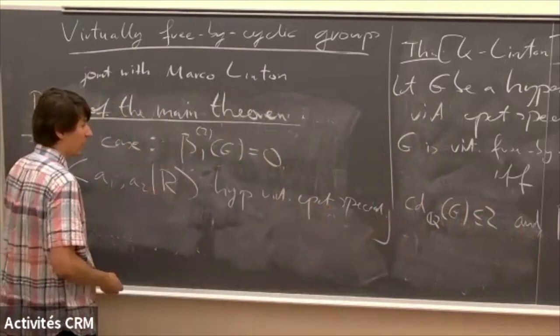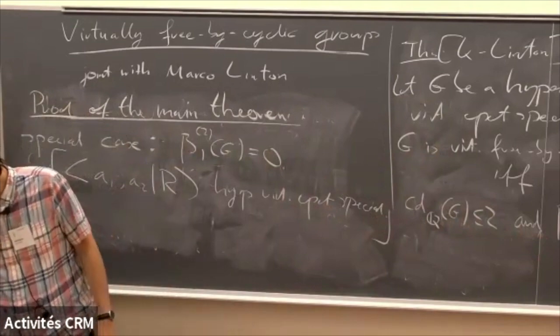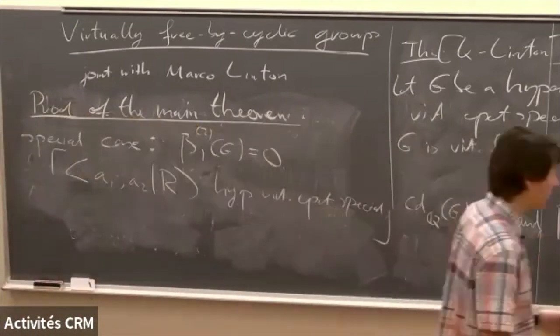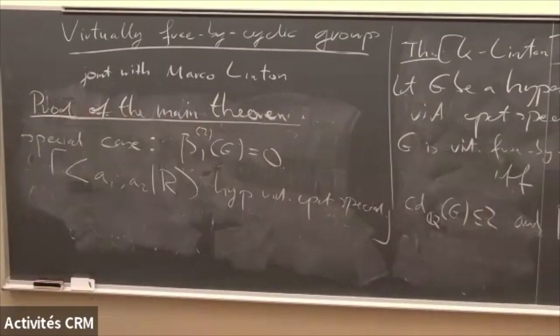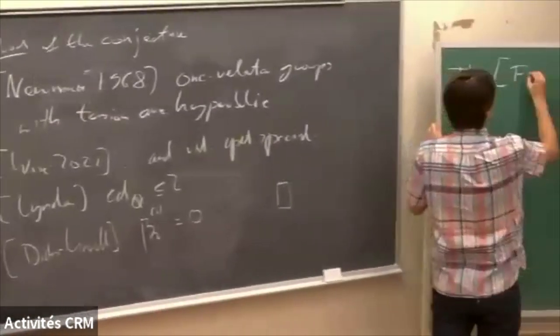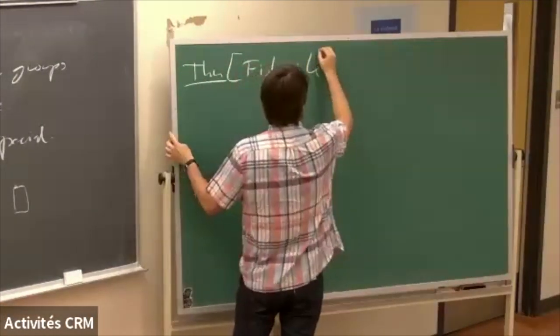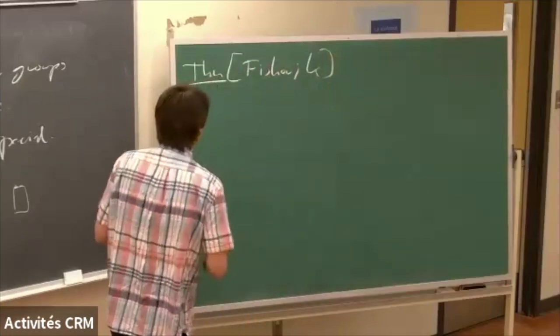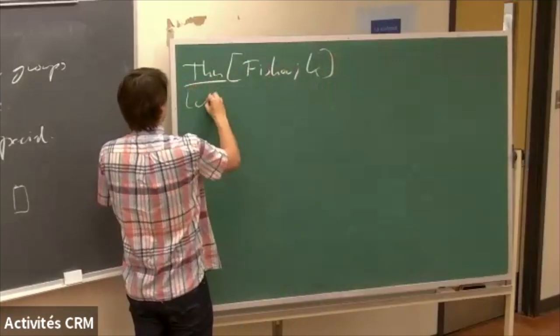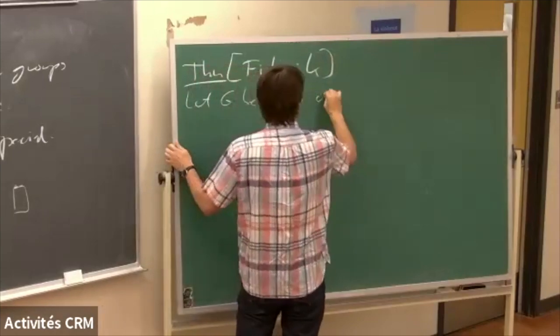Okay, so assume that we have the special case. What are we going to do? So the key thing is the hybrid theorem. So here, I will give you the general case into temperature. I proved the n equals 1 case. Well, here's the theorem, and let G be a virtually compact special group.